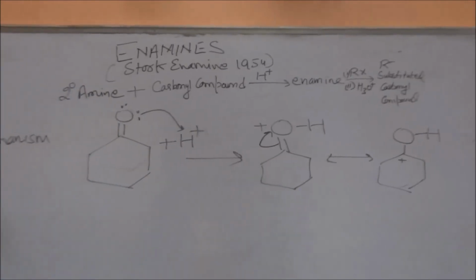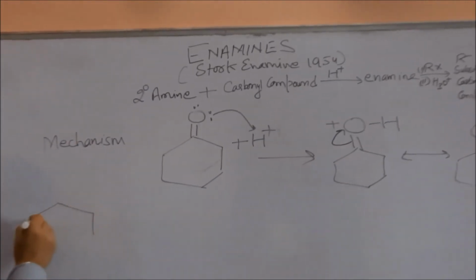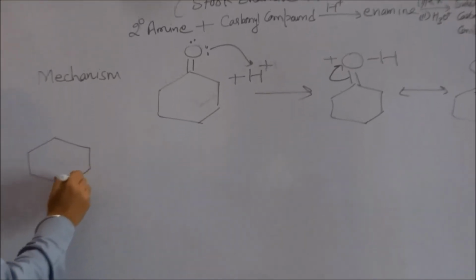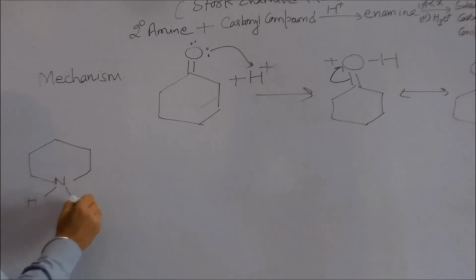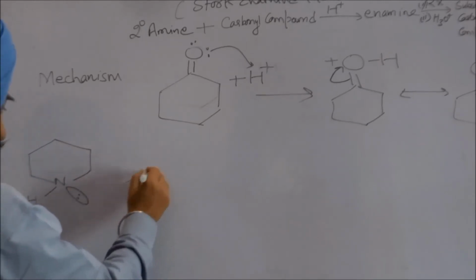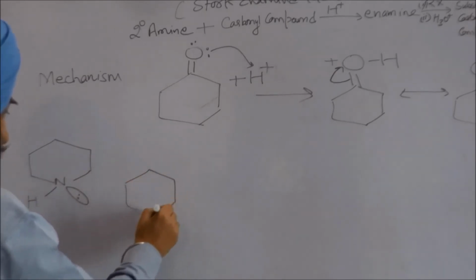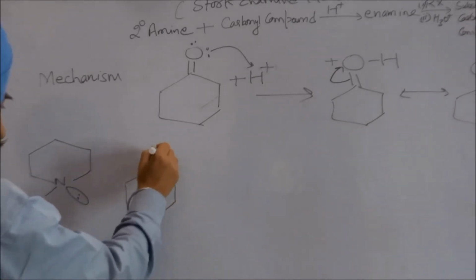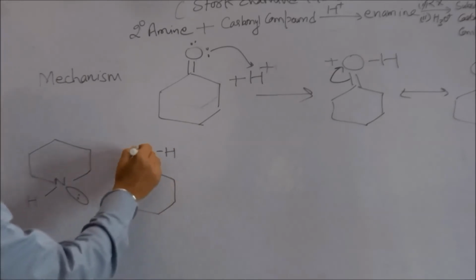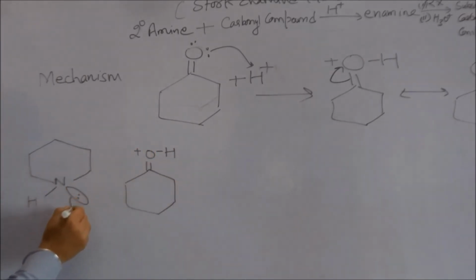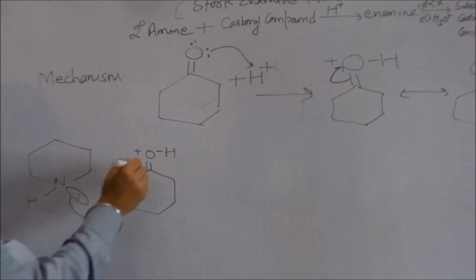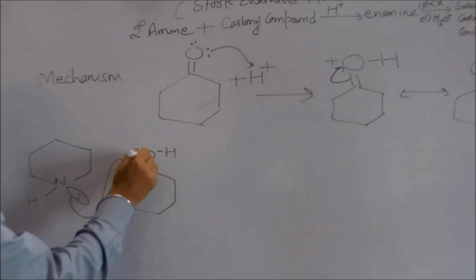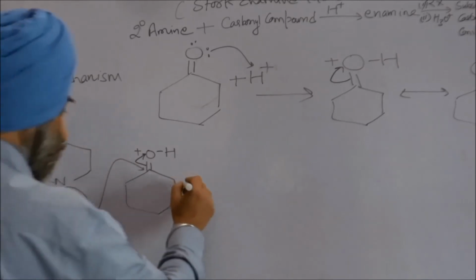Now when you have a base present in the system, we have taken the example of piperidine, and it has a lone pair of electrons. When this electrophile is present in the medium, oxygen has positive charge. This lone pair of electrons will be donated to this carbon, and these electrons go back to the oxygen.